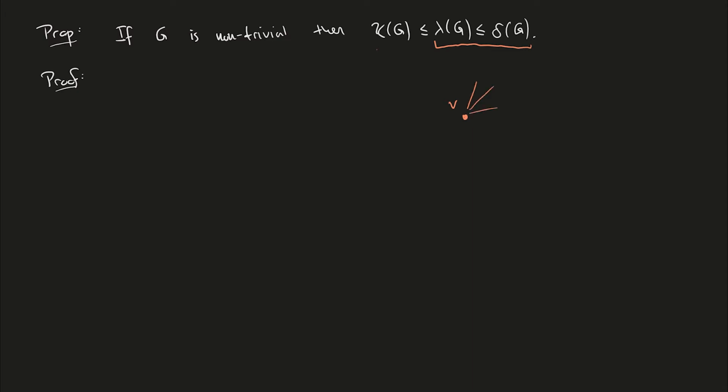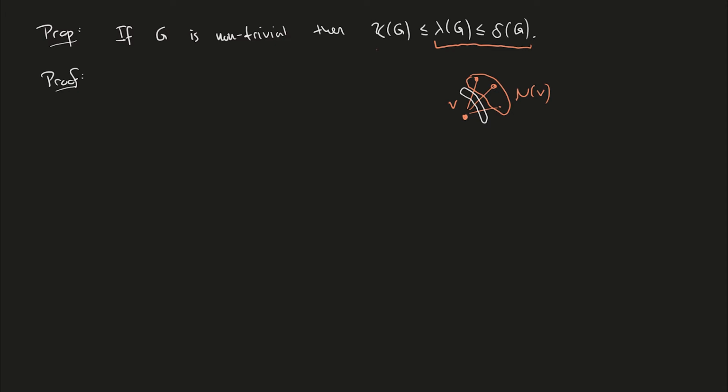Then it'll have some edges going out from the vertex, connected to the neighborhood of V. And now we observe that we can disconnect the graph by just removing all of the edges that are incident to V. This will leave V as an isolated vertex, and if G is non-trivial, so it has at least two vertices, then we'll have another vertex that's disconnected from V. Hence, we can always remove delta G edges and disconnect our graph.